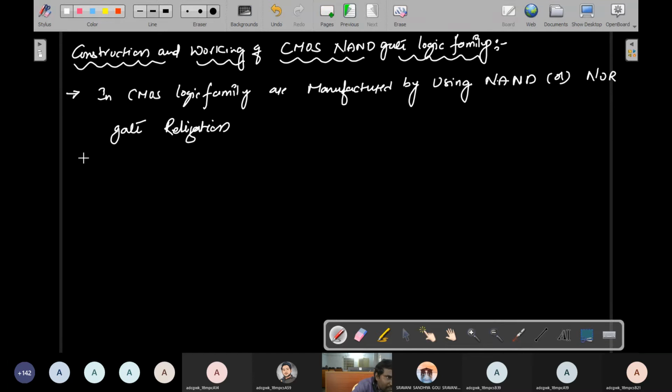So first of all, I start with the construction and working of the CMOS NAND gate. I always concentrate on the NAND gate only.